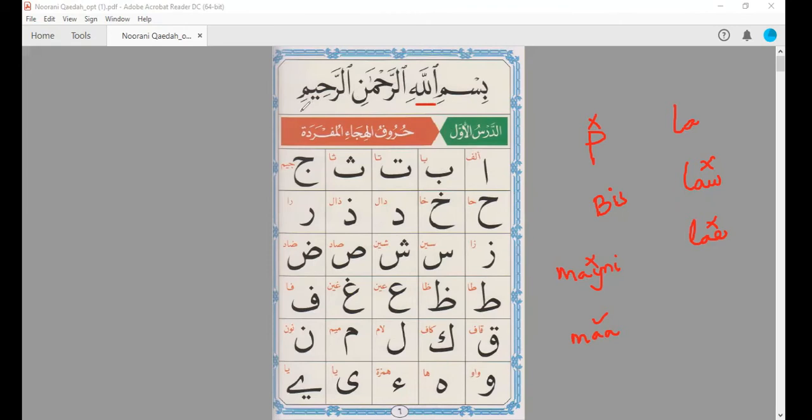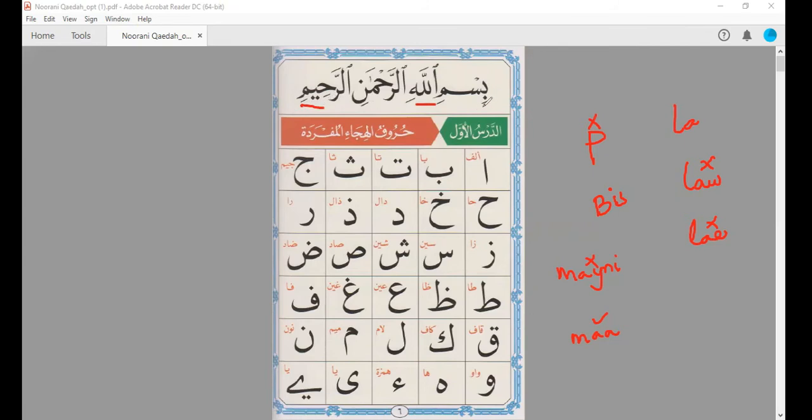Bismillahirrahmanirrahim. Now in this Al-Qaida An-Nooraniyyah, we do not prolong the ending. We just say Ar-Rahim. That's it. That prolonging is when you recite Quran. But in this Qaida Nooraniyyah, you're just going to pronounce it without prolonging too much, just like normal Ar-Rahim. Okay?